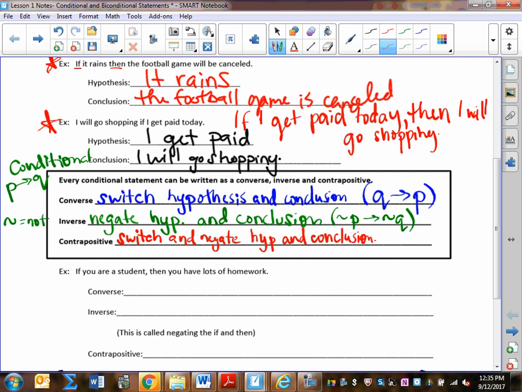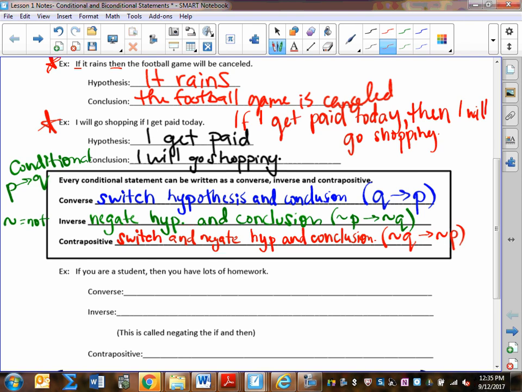And again, we're doing this to the original conditional expression. So here, my notation, instead of P implies Q, would be not Q implies not P. So we switched them and negated them.